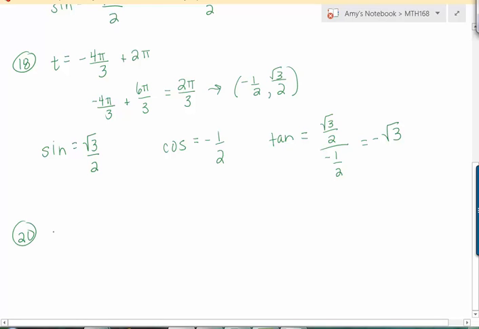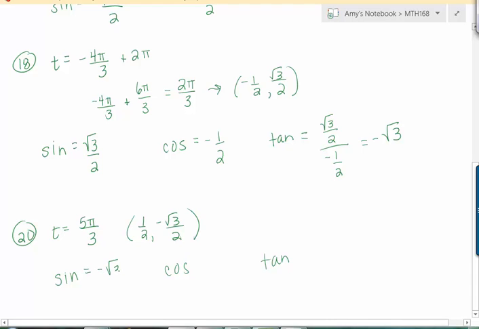Number 20. T equals 5 pi over 3. The ordered pair that goes along with 5 pi over 3 is 1/2 and negative square root of 3 over 2. So we want to find the sine, the cosine, and the tangent.